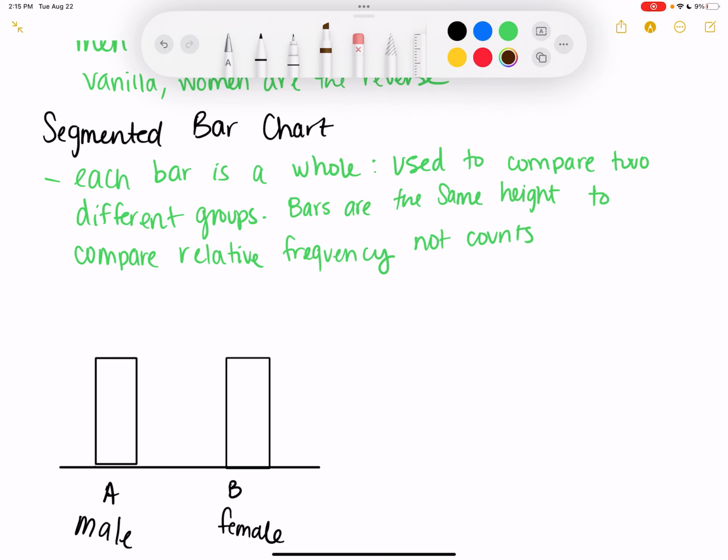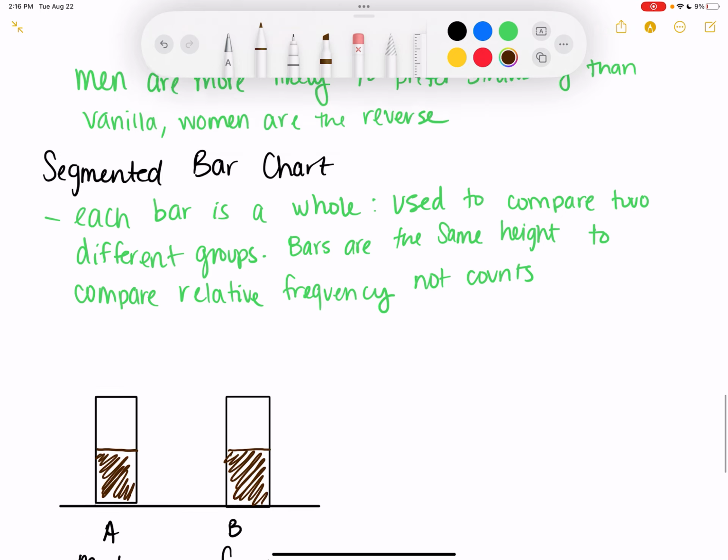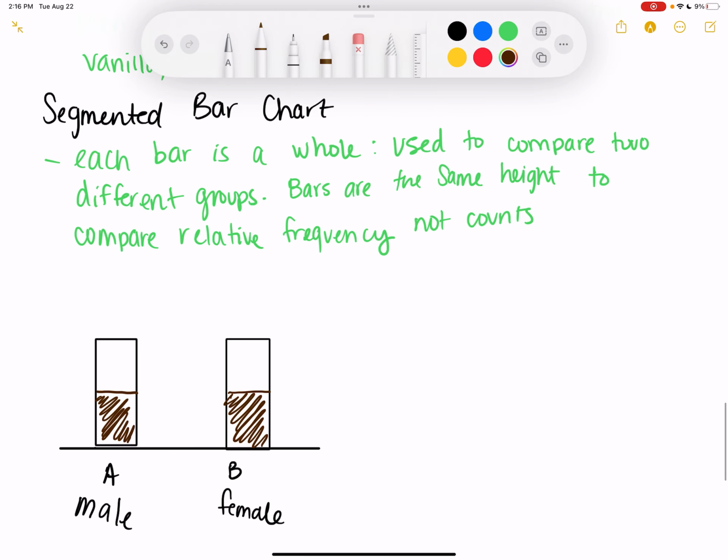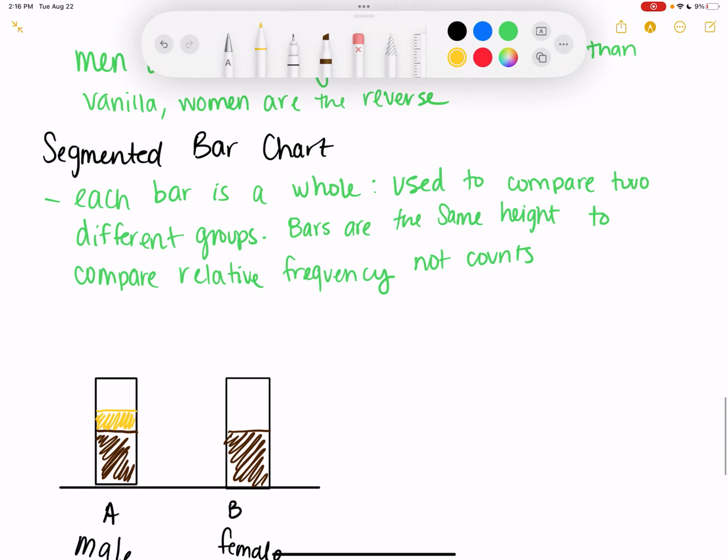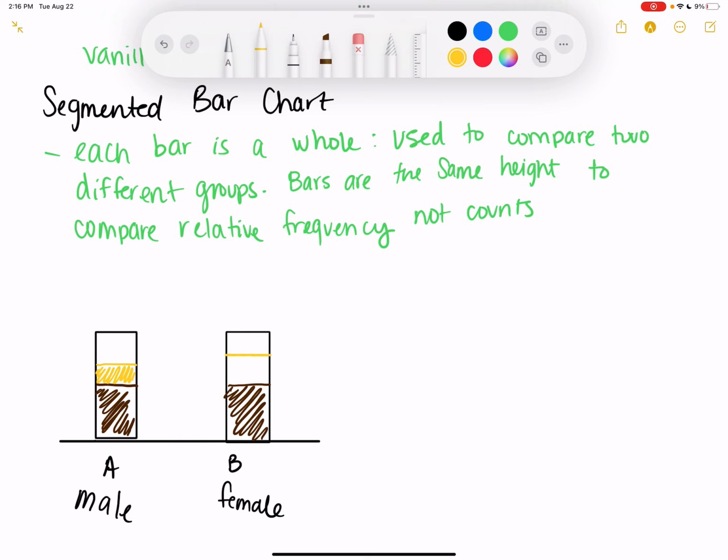So in both cases, 50% were chocolate, so I'm going up about halfway. Then for male, vanilla was 17%. For female, it was 30%. And then strawberry is what's left.